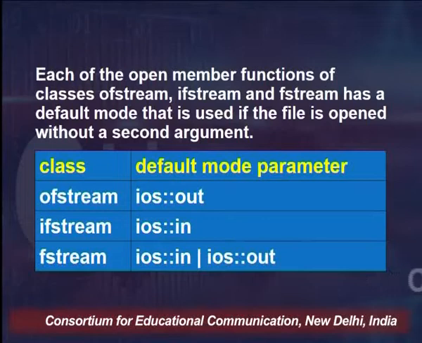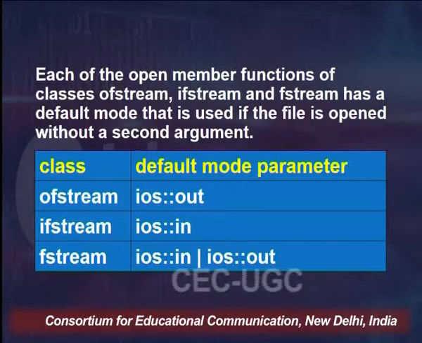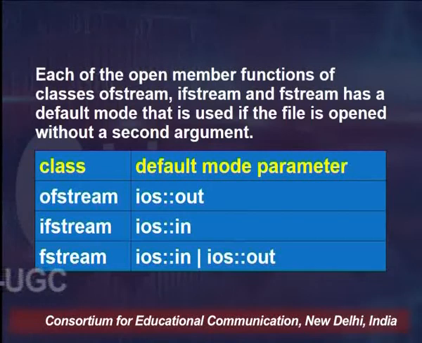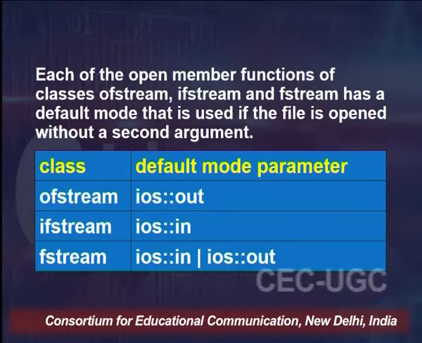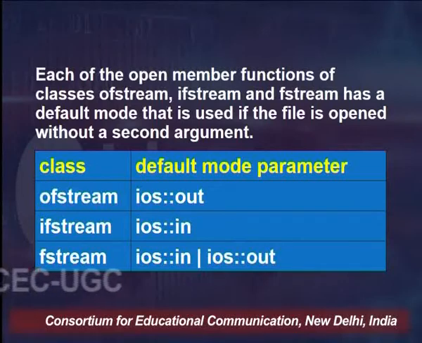Whenever there is an object of class ifstream, the default mode parameter is ios::in, and whenever there is an object of class fstream, the default mode parameter could be both ios::in or ios::out. So the default mode parameter for an ofstream object is out, for an ifstream object is in, and for an fstream object it could be either of the two.